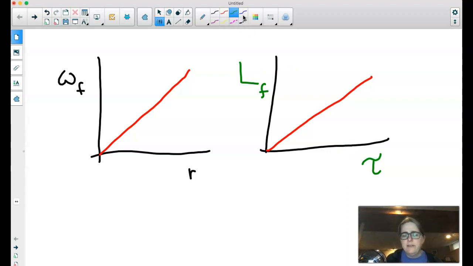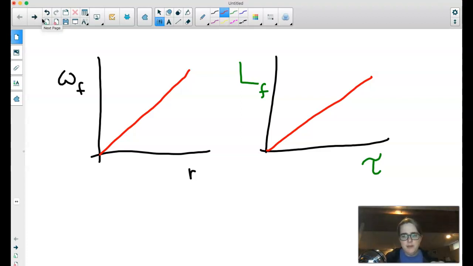Now, something this doesn't account for: all of these impacts took about the same amount of time. But if you apply the torque for a longer amount of time, you should get a larger change in angular momentum. If you give something a very, very short torque, so you push it or pull it for a very short amount of time, it's only going to speed up a little bit.